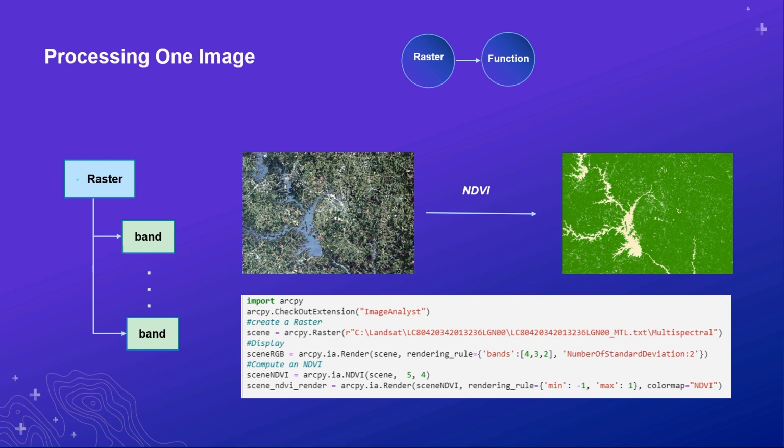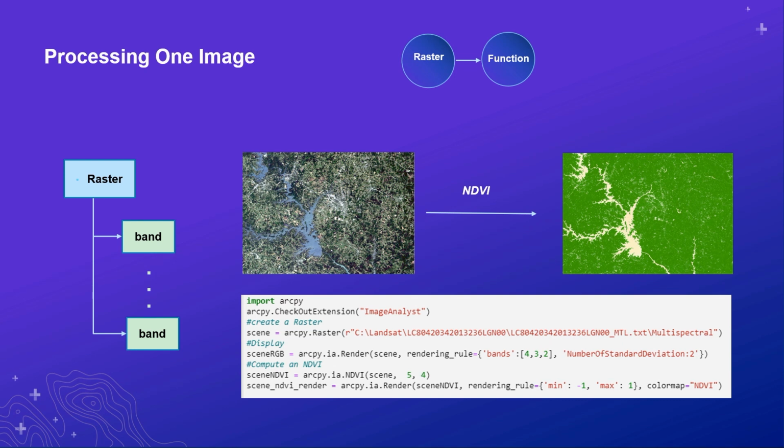The Raster class contains bands, and you can create a raster object directly from a file on disk using the arcpy.Raster method. You can use the arcpy.ia Render function to display the raster, as RGB or false color.